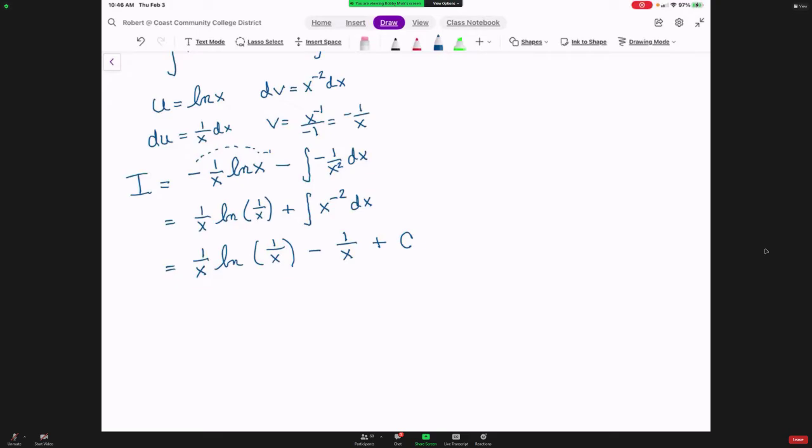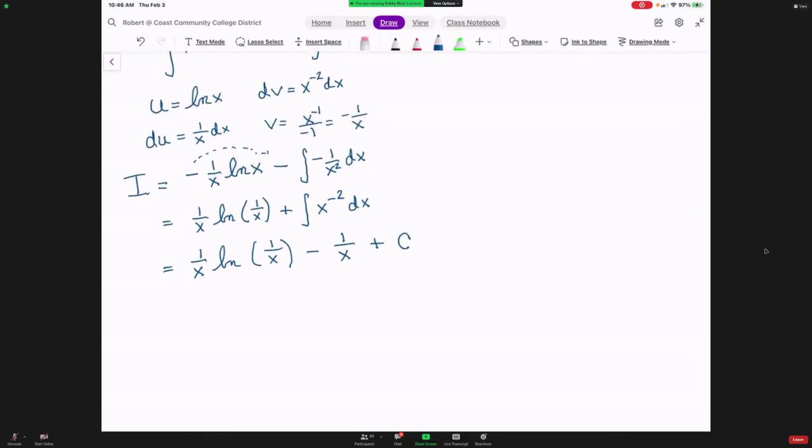Yeah. So how did the x in the ln of x turn into 1 over x? Because I have negative 1 over x natural log of x. That's equal to 1 over x times a negative 1 times the natural log of x.